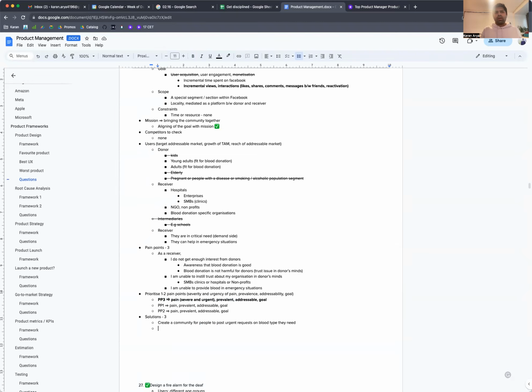And once this community is created, obviously we can expect engagement where people can share this message across multiple channels. Within Facebook groups, there could be shares, interactions, and eventually in the beginning, if the organization itself has the means to provide the blood, that is cool.